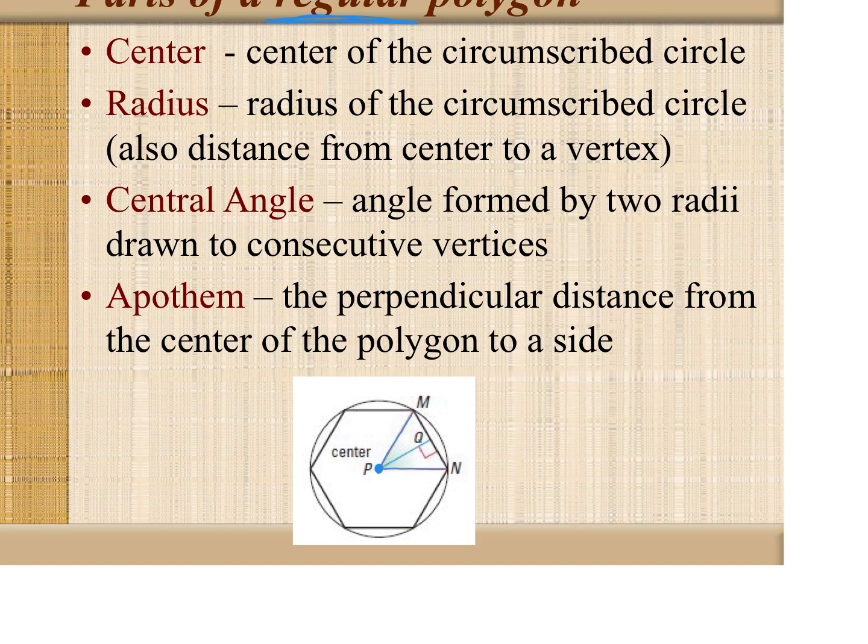Your central angle is an angle formed by 2 radii that are drawn to consecutive vertices. What does consecutive mean? Like one after the other, right next to each other, right? So do you see how M and N are next to each other on the polygon? They create a central angle when you draw their radii back to the center.